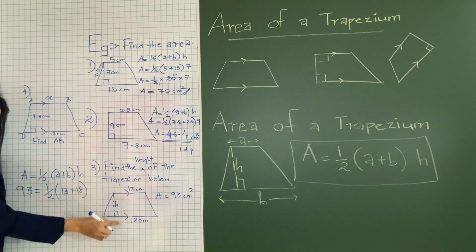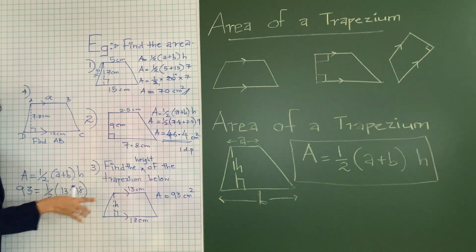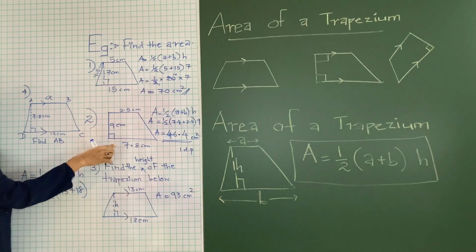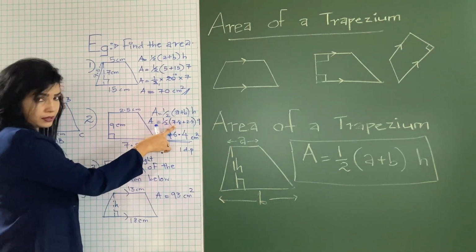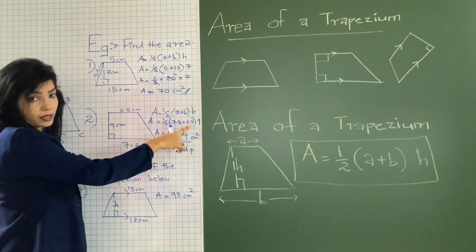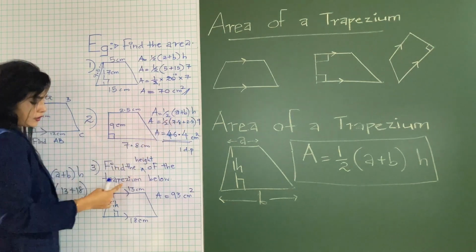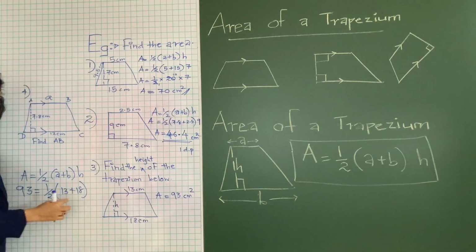This is the parallel side, this is the parallel side. We have no hard and fast rule to apply the first line first and the second line second. So here I showed you very specially 7.8 I have taken at first and 2.5 I have taken in the second place. So in the same manner we can apply these two at any place of this.